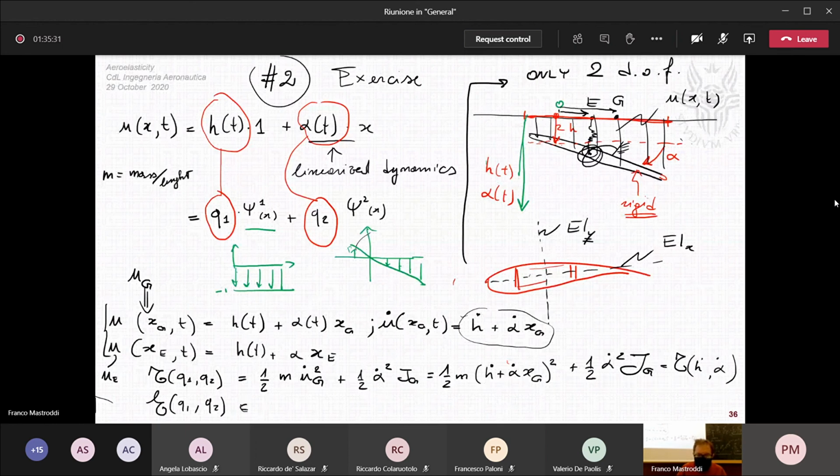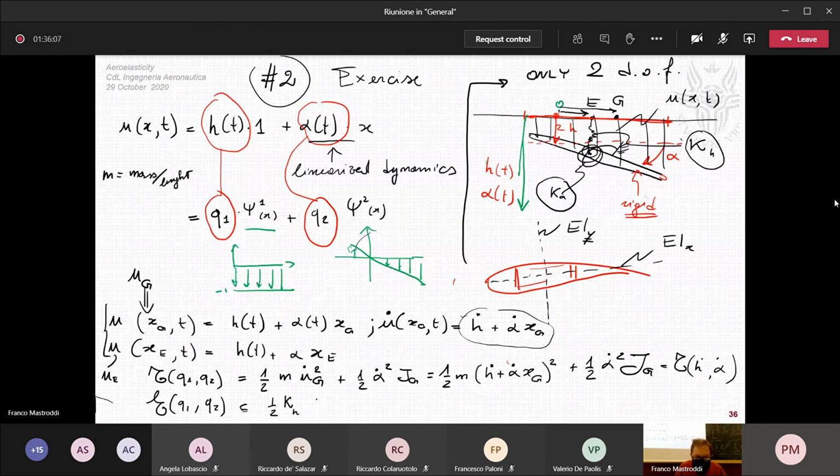The same for the elastic energy. For the elastic energy, we have 1/2 the stiffness constant associated to the translation, kh, and k alpha. K alpha is the stiffness of the torsion spring, and kh is the stiffness of the translation. And so 1/2 kh.